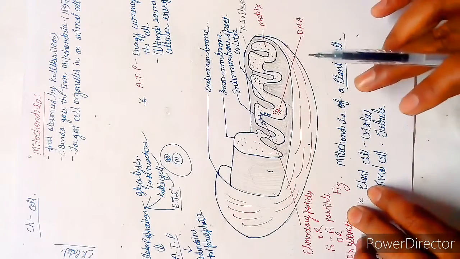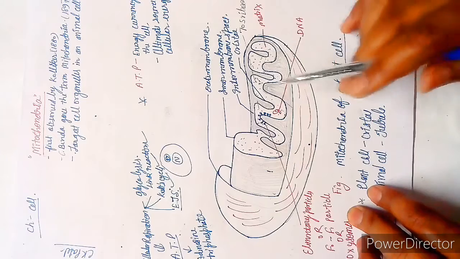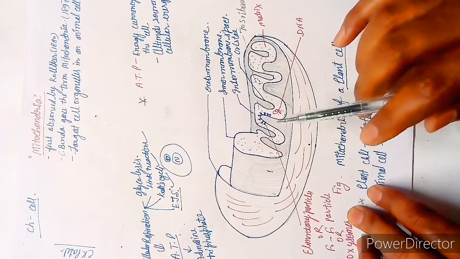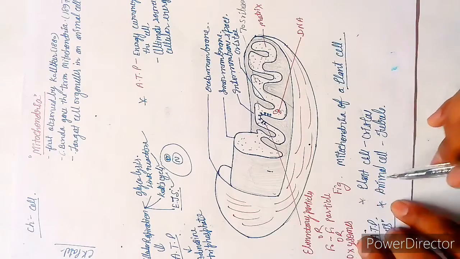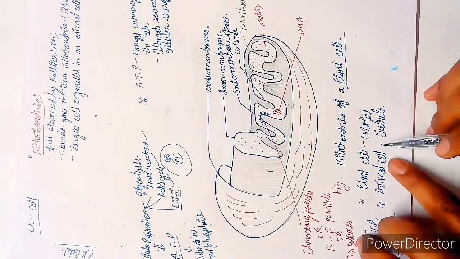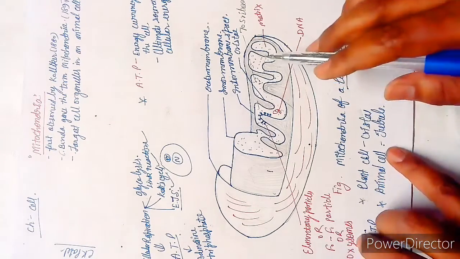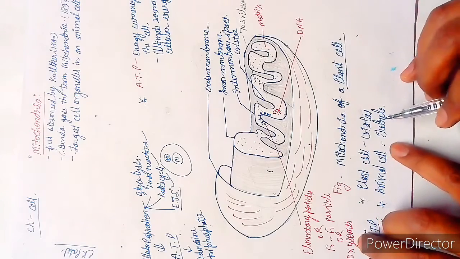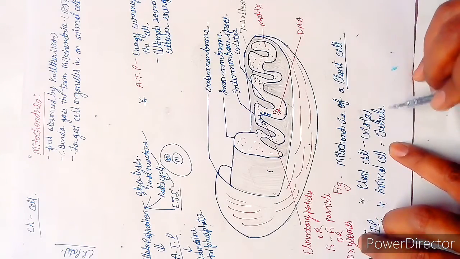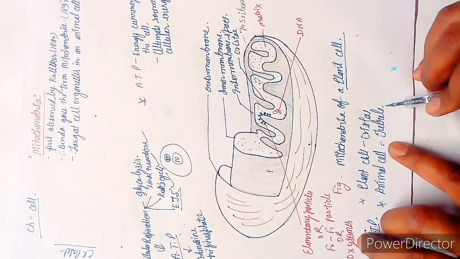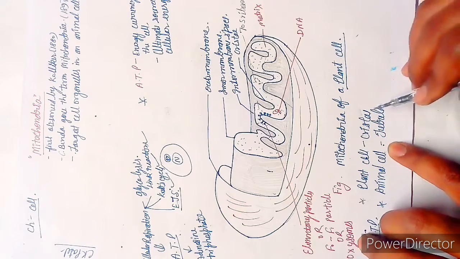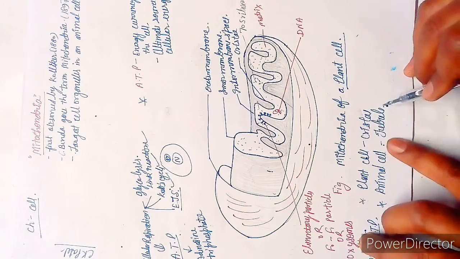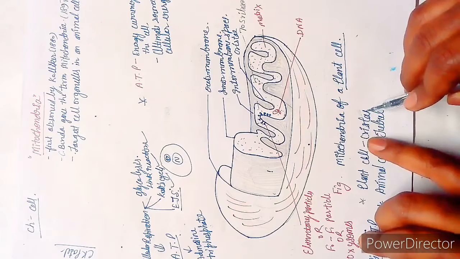Okay students, and one more thing, this is the structure of plant mitochondria. There is a little difference in an animal cell. In place of cristae there is a structure called tubule. Got the point? So tubule is found in an animal cell and cristae is found in a plant cell.